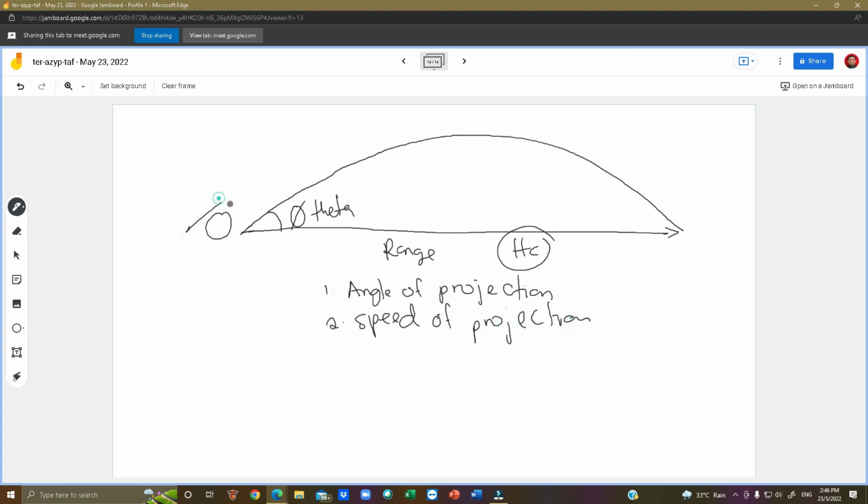Bola ni kena sepak. Berapa velocity dia? X meter per second. So lagi besar X, lagi besar velocity, lagi jauh lah dia akan pergi kalau theta dia sama. And number 3 that plays a major role in determining range is the relative projection height.